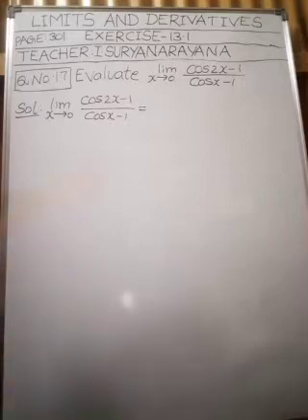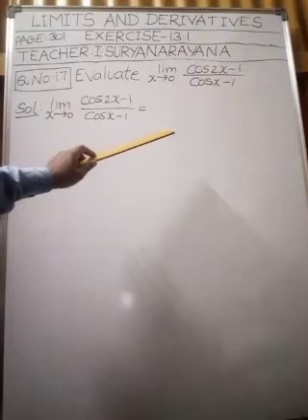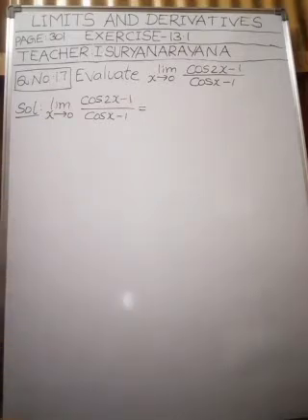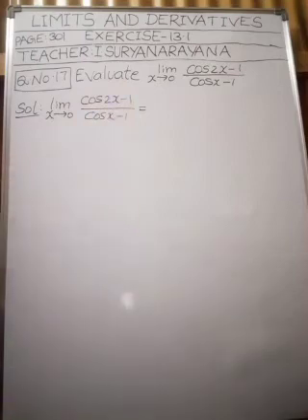Previously I told you the limit of a function should not be an indeterminate form, like 0 by 0, infinity by infinity, infinity minus infinity. You have studied 7 indeterminate forms. We should not get any one of these forms. But here if you substitute x is equal to 0, we get 0 by 0. That is an indeterminate form. So we follow some other method.